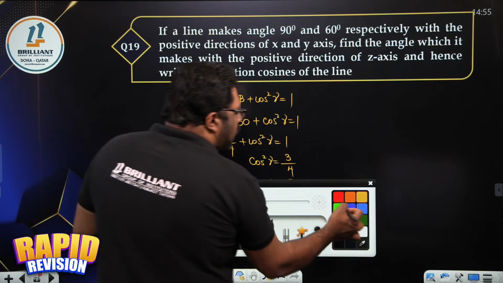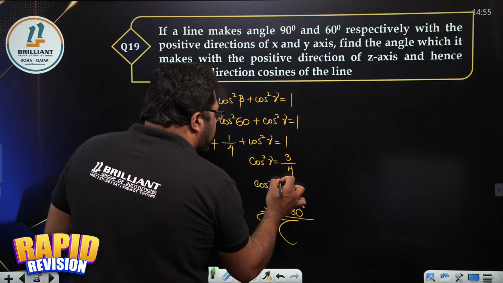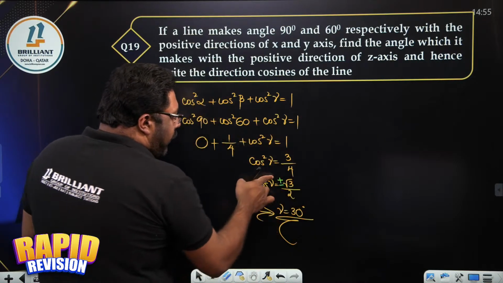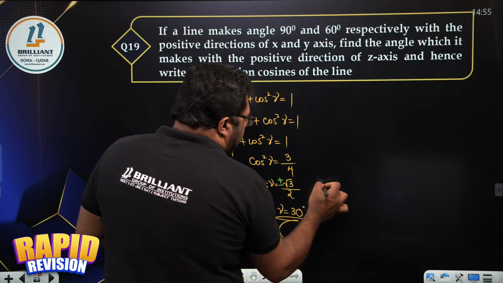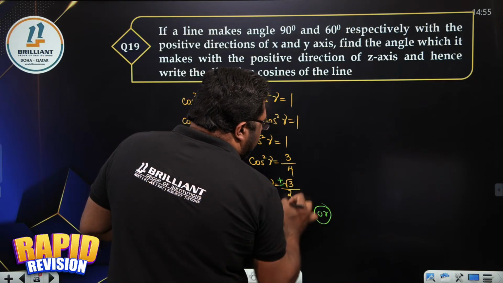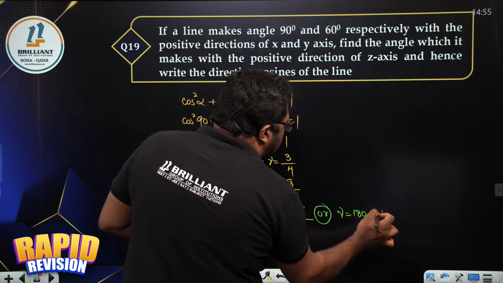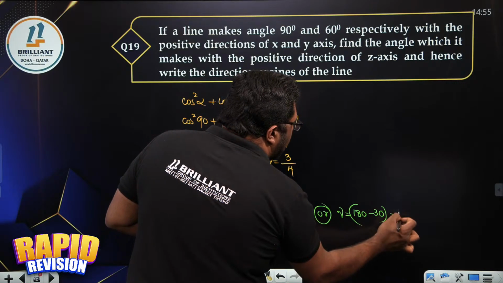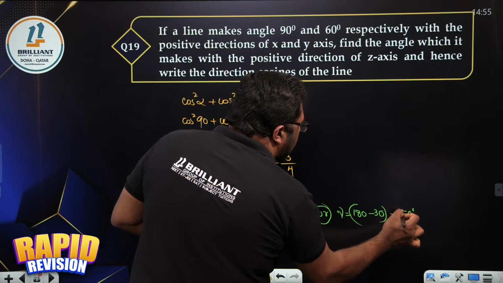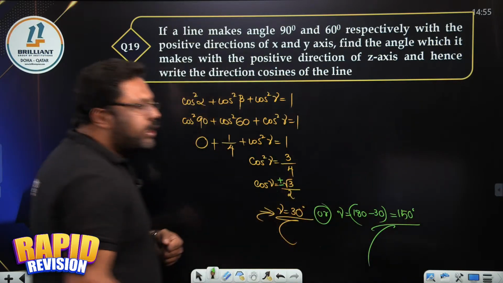And please understand, it is plus or minus. If it is positive, it is 30 degrees, or the negative part says gamma is 180 minus 30, which is 150, the supplementary angle of 30 degrees.